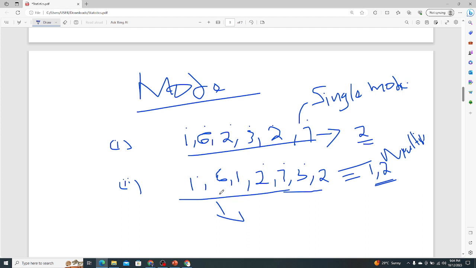It's 1 and 2, but which is the first value occurring more than once? One. Correct. That will be your single mode.